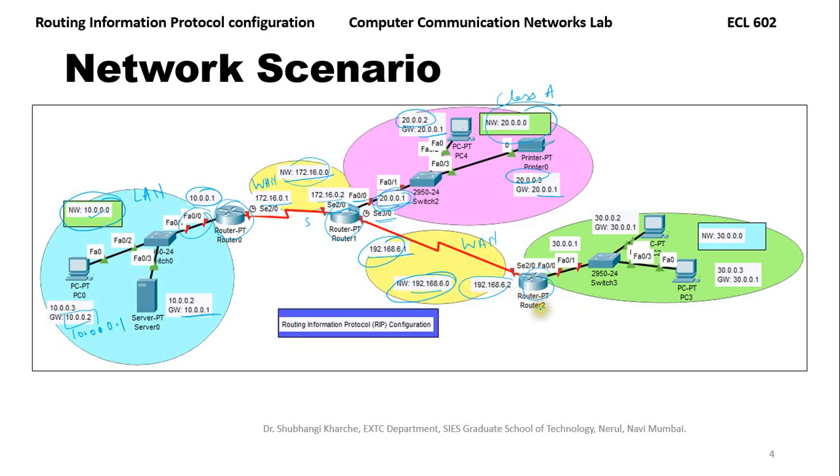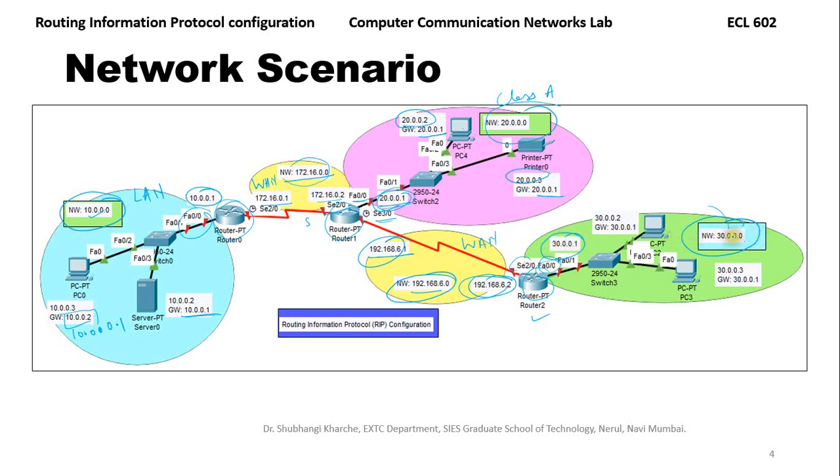Now if you observe router 2, it has serial interface 2/0, which will be configured with 192.168.6.2, and the fast Ethernet interface of this router is FA0/0, which will be configured with an IP address from the network 30.0.0.0, that is 30.0.0.1.